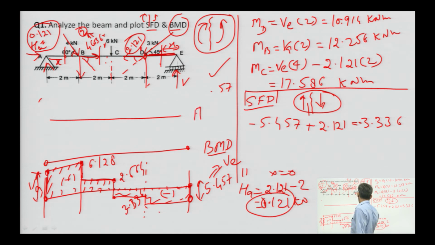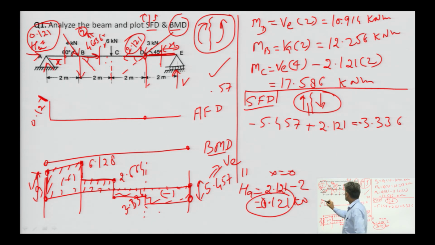So, AFD is what? Axial force diagram. At point A it is 0.121.